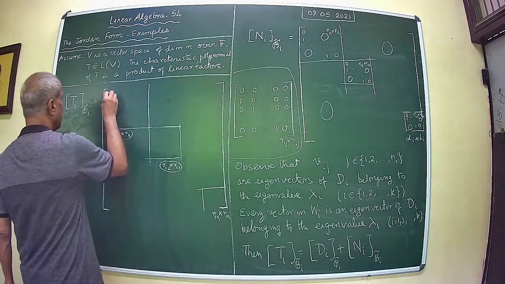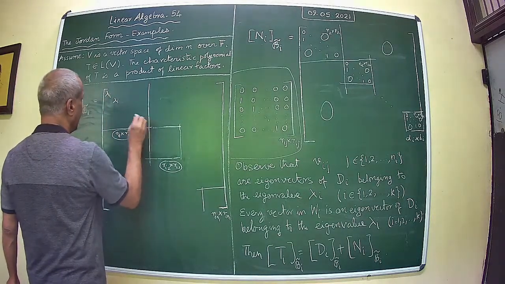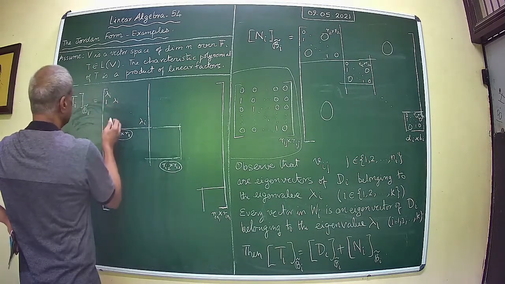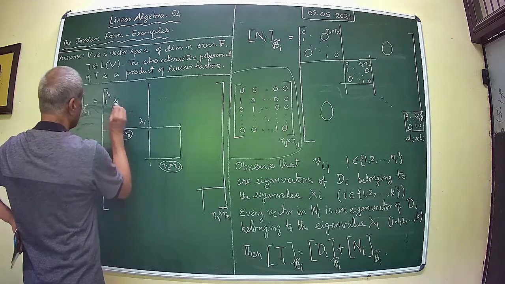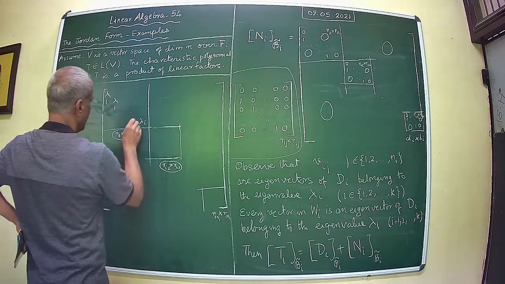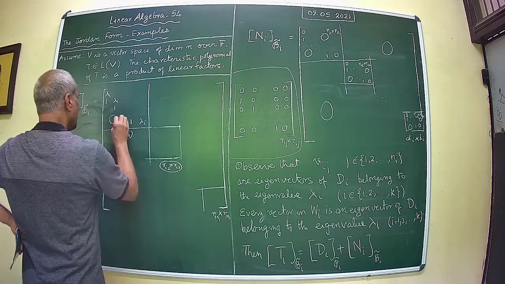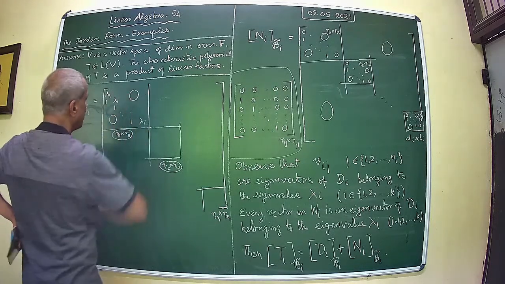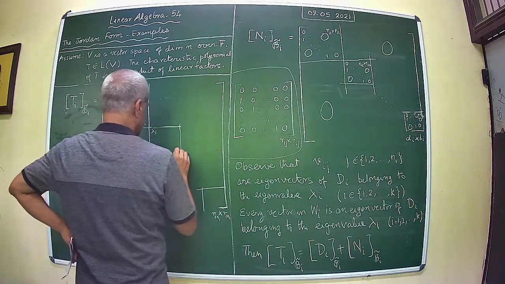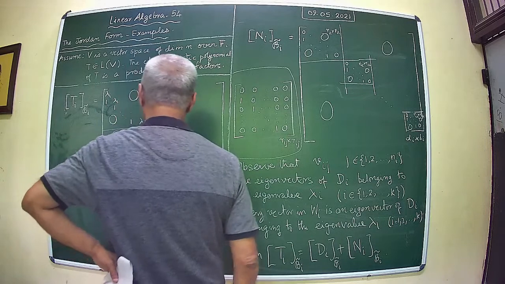The entries are lambda i along the diagonal. And this is again lambda i, the only difference is in the size of the matrix.